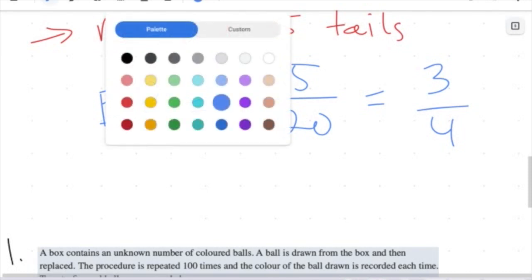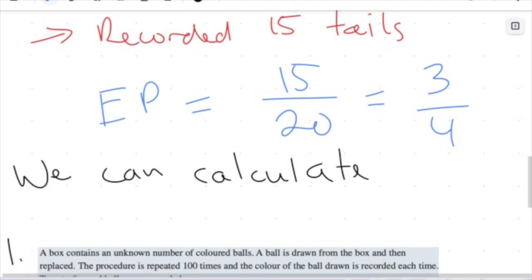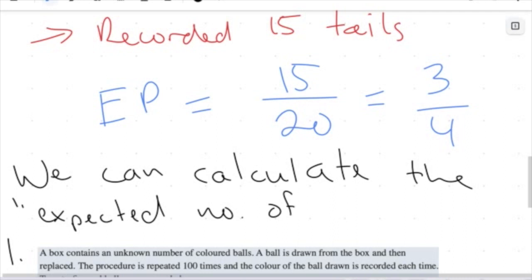And we do what's called calculating the expected number of occurrences.